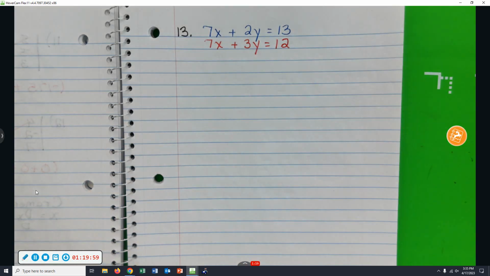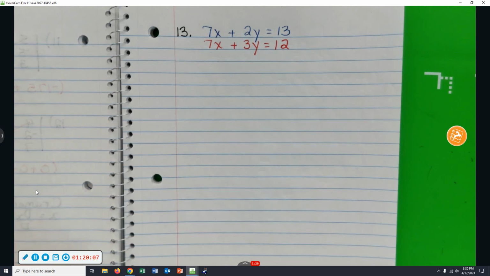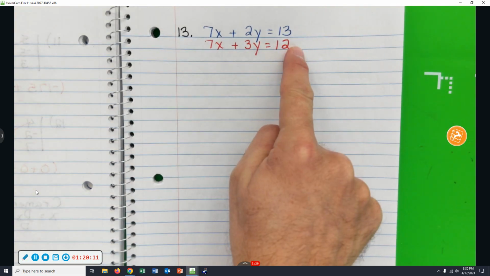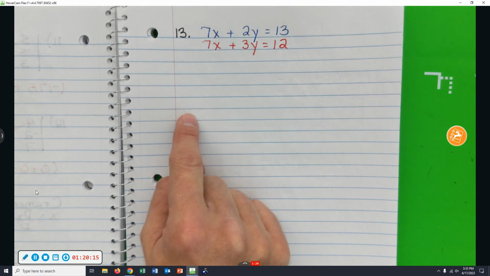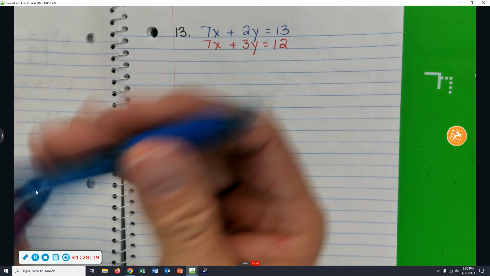Very simple. If it didn't say solve this using Cramer's rule, I think what I would think is, oh, it's tailor-made for elimination. Just multiply the bottom by -1. Wouldn't that eliminate the 7x's real nicely? But it says use Cramer's rule, so let me write down.